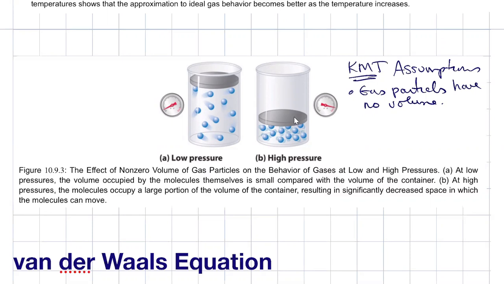Whereas in the first picture, when the particles are spread out far apart from each other, each little particle's volume is kind of insignificant compared to the volume of the entire container. So at high pressures, the assumption that the particles have no volume becomes a problem. Does that make sense?